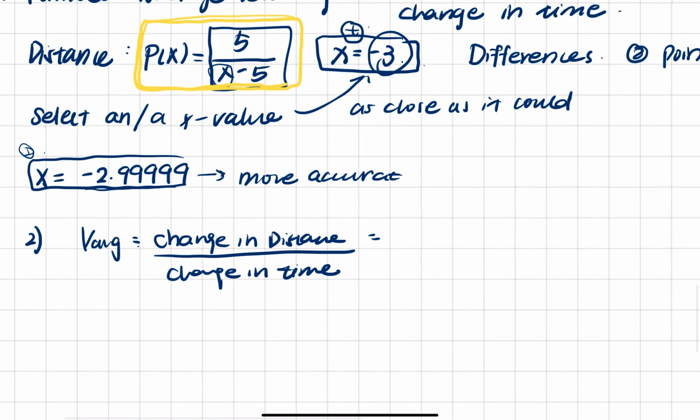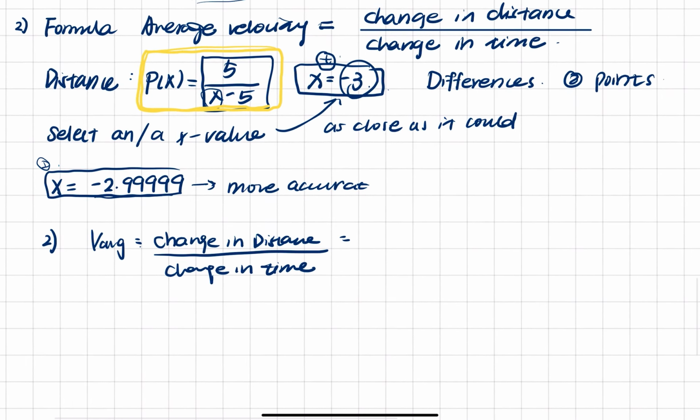So we're going to be plugging our x values into the function for our first distance. So 5 over negative 2.99999 minus 5, minus, because we're looking for a difference, so there must be a subtraction, 5 over negative 3 minus 5.